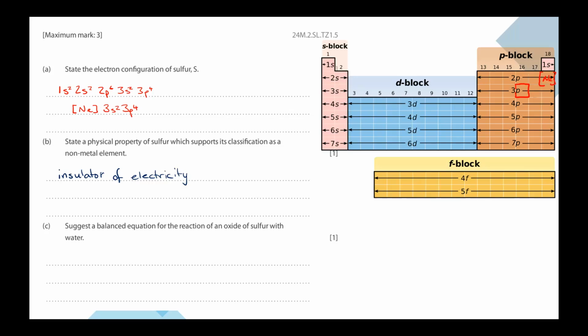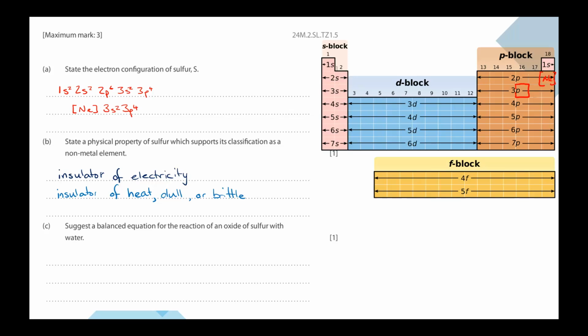But the answer also would have accepted anything like insulator of heat. You can say non-conductor if you'd prefer, or the fact that it's dull or brittle. So know those. Any of those would have been acceptable.